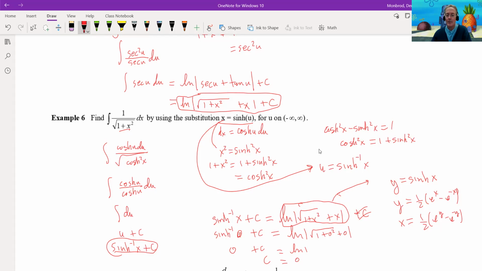Now, a word about the absolute value bars here. If you look at this closely, the square root of x squared plus 1 is always going to be bigger than this number here. If they're both positive, that's going to be true.